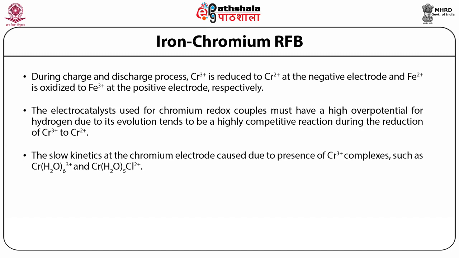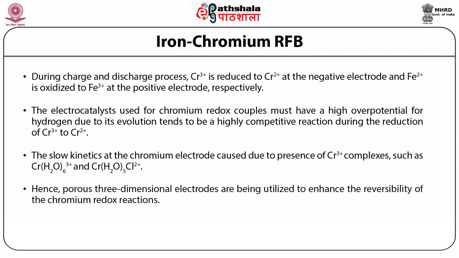The slow kinetics at the chromium electrode is caused by the presence of Cr3+ complexes such as Cr(H2O)6 3+ and Cr(H2O)5Cl 2+. These complexes show a slow attainment of equilibrium between them.